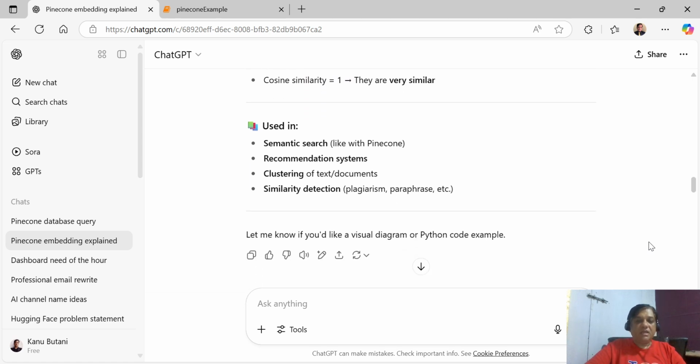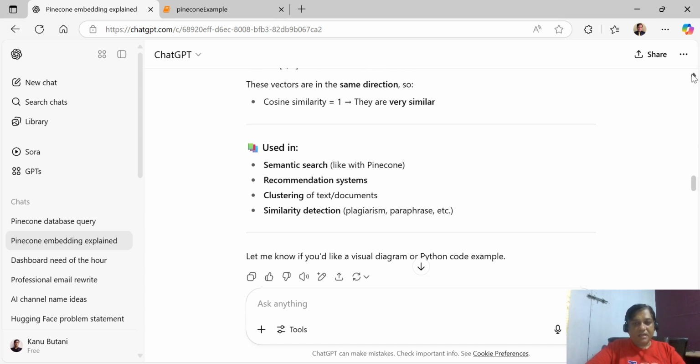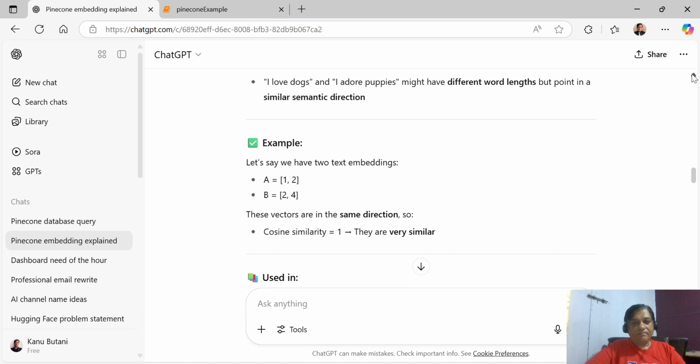And if I ask the question "I hate dogs", hate will be negative. So the query will give a negative value like -2. It will point in a different direction, the -1 direction, so they are not similar. We will get the reply that no, Kanu doesn't hate dogs, but he loves dogs.